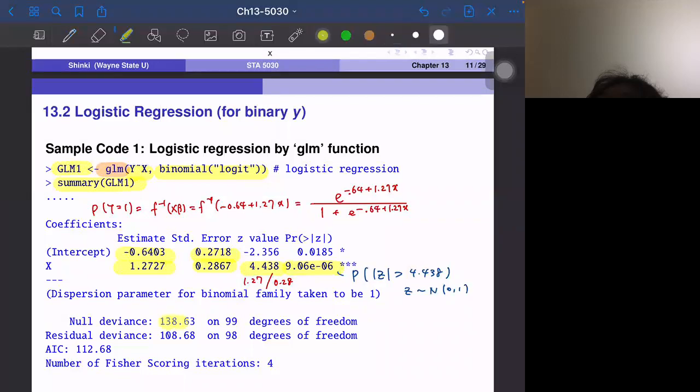And we have several important values, the deviance and degrees of freedom and so on. I will explain it later. And this is a numeric approximation, the optimization procedure, and it ran an iteration method 4 times to reach this solution.